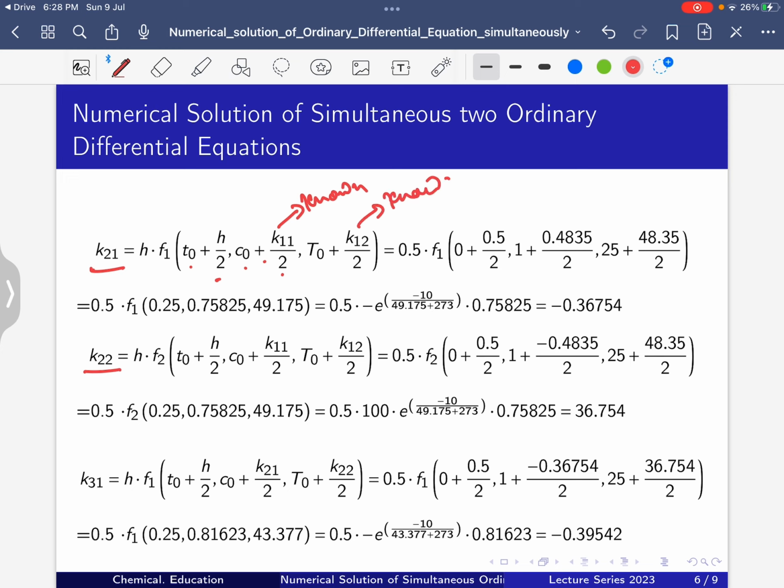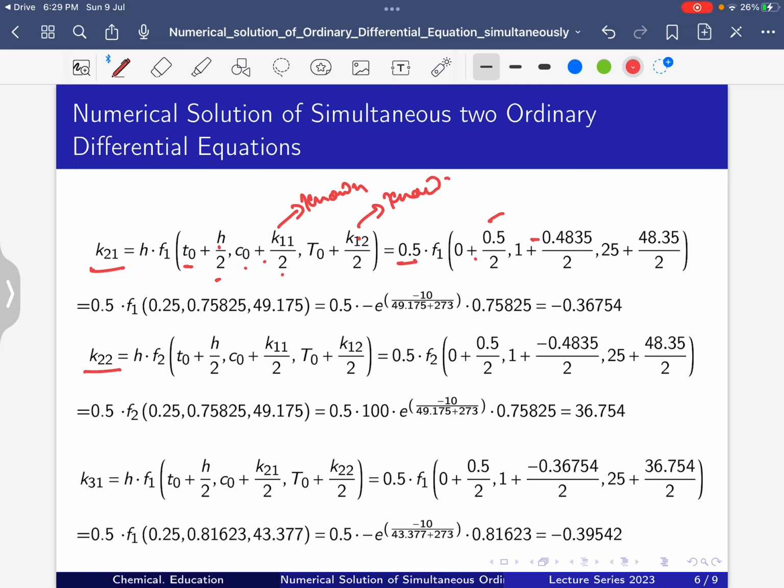So h is 0.5, f1, t0 value is 0, h is the step size 0.5 by 2, c0 is 1, and k11 we know is minus 0.4835, then 25 plus 48.35 by 2, so we know these values.